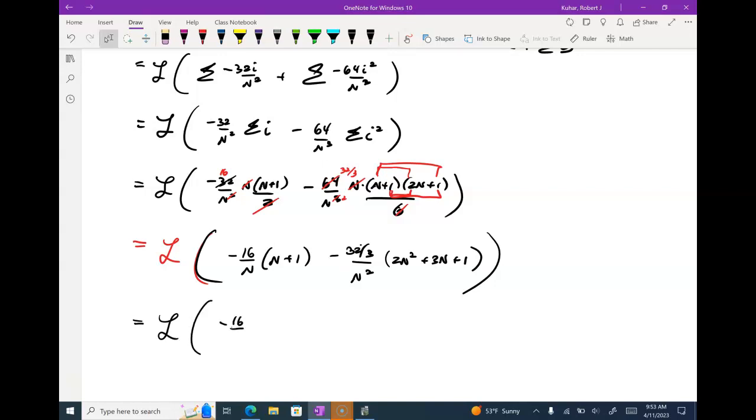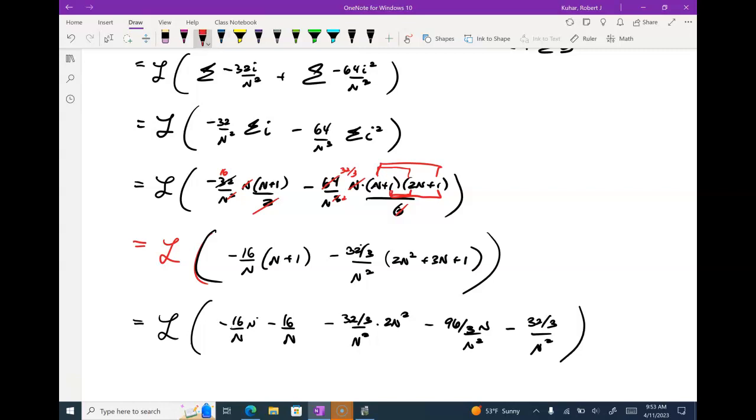So minus 16n over n, minus 16 over n, minus 32 over 3 over n squared times 2n squared, minus 96 over 3 times n over n squared, and then minus 32 over 3 over n squared.